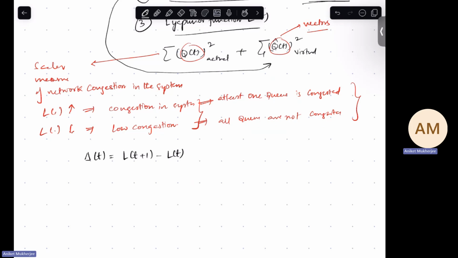If every control decision that we make is to greedily minimize this delta t, we consistently push L(t) towards a lower congestion state, which intuitively maintains network stability, but we have still not defined what network stability mathematically means.